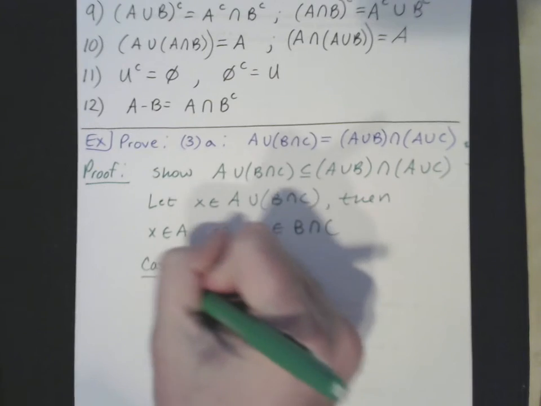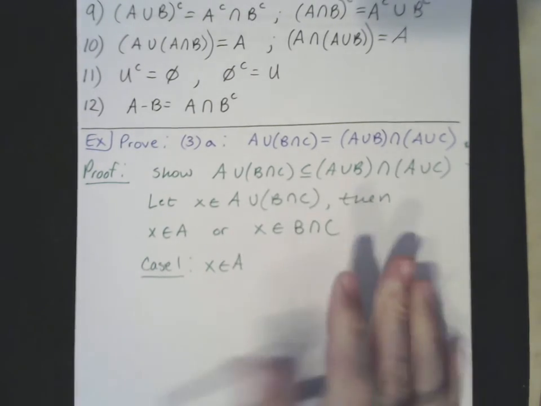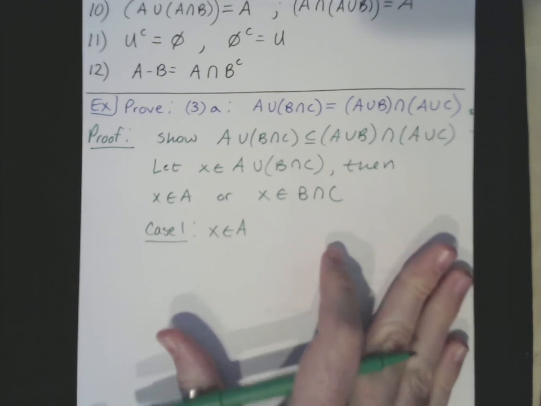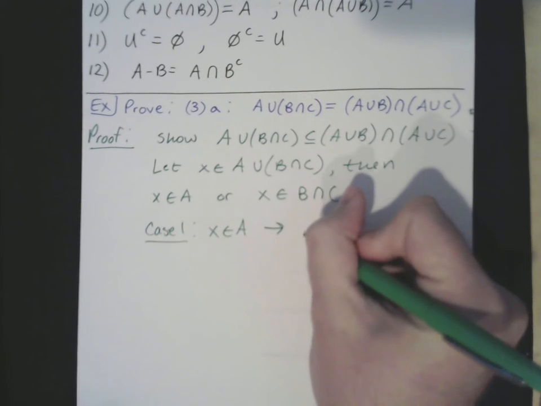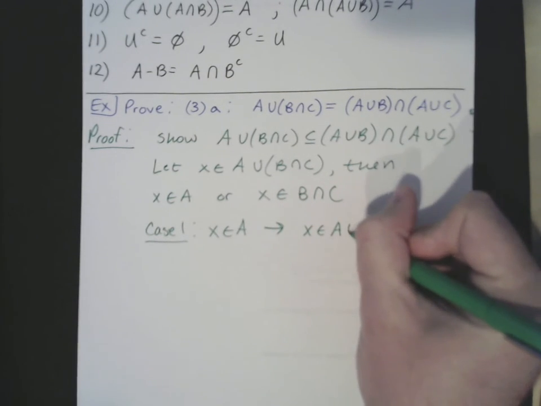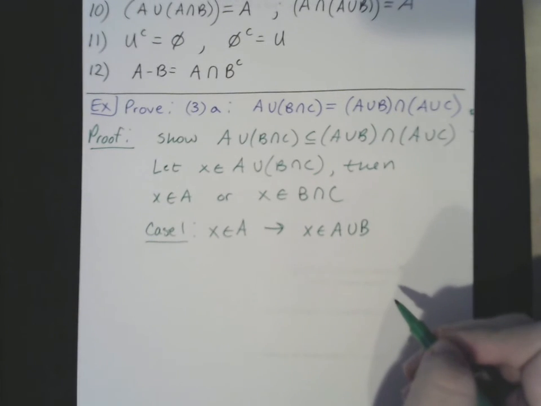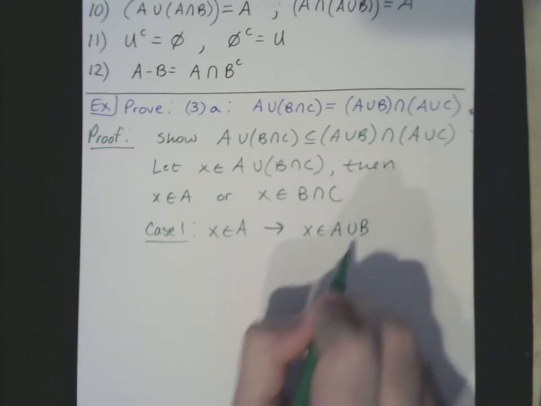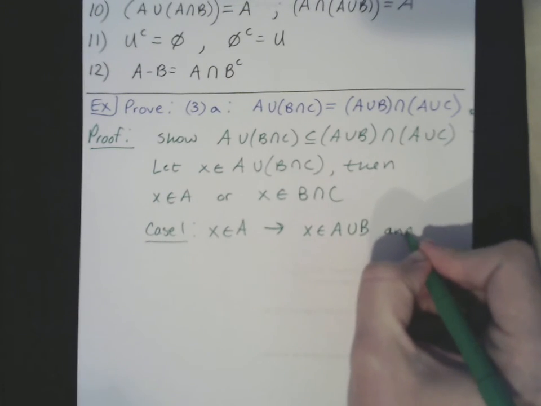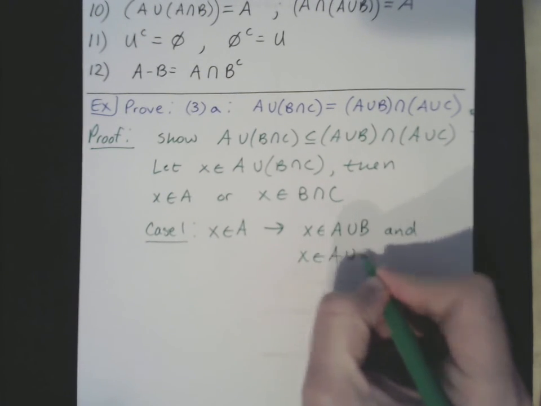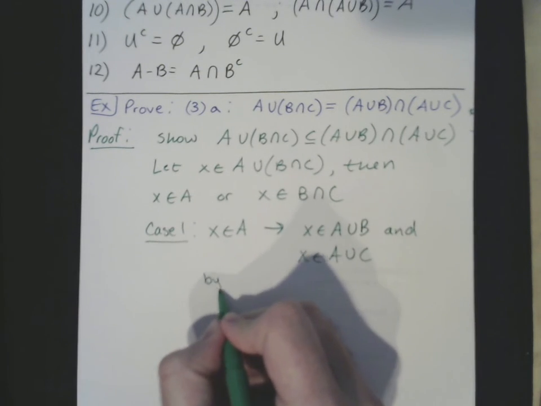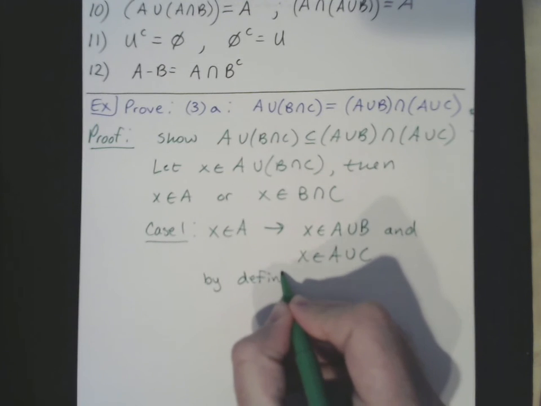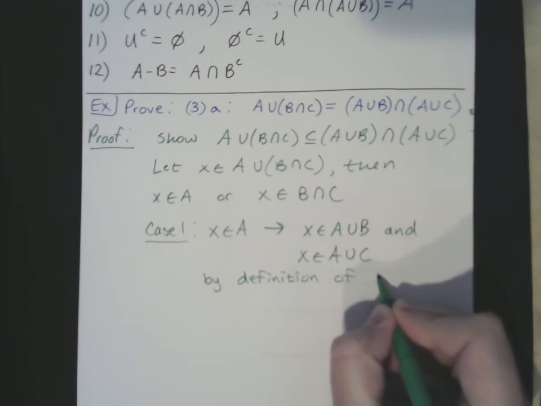So case 1, X is in A. Well, if X is in A, this means that X is in A union B. This is generalization. If I'm in this, then I'm certainly in the union. And X is in A union C. That's just using the definition of union.